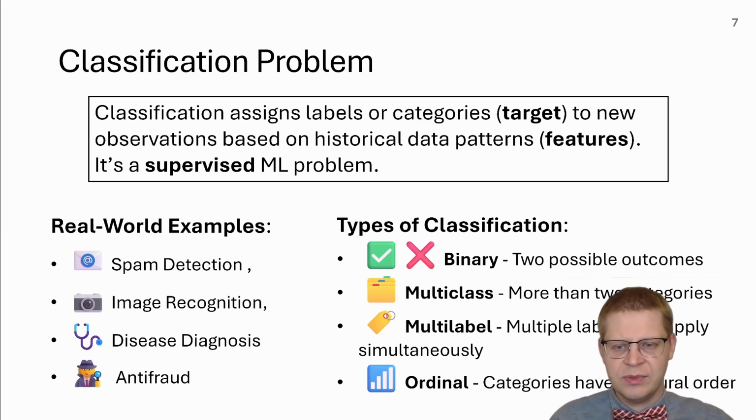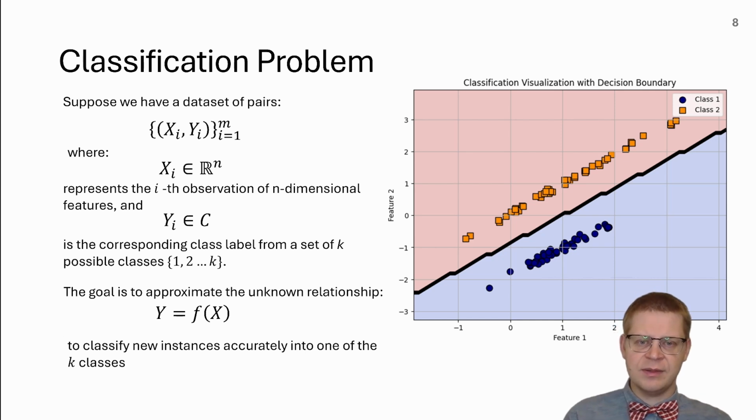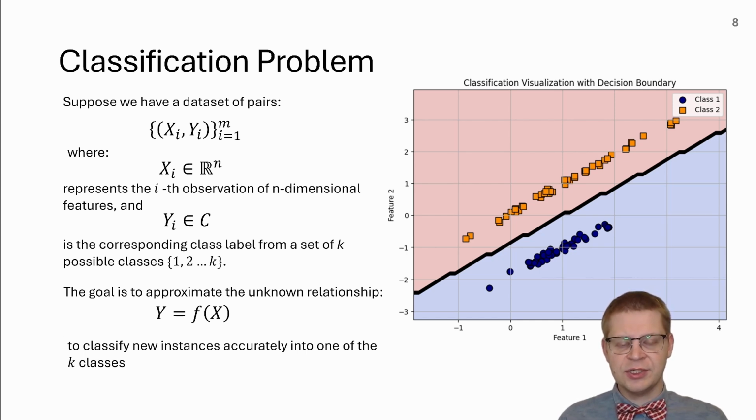It's not just numbers. At its core, the classification problem involves finding an approximation for the relationship between our features and target variable. We represent this relationship as y equals f of x. Y is the corresponding class label from a set of k possible classes. It is that simple.